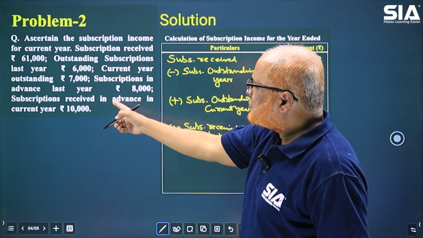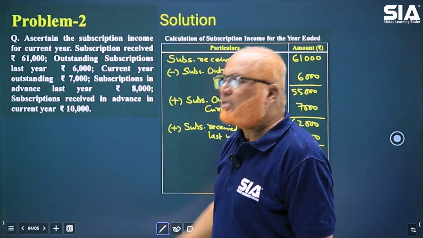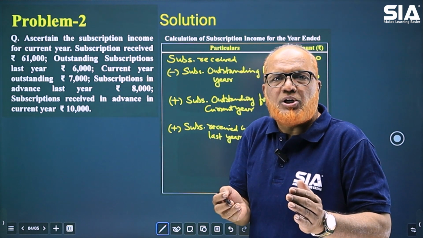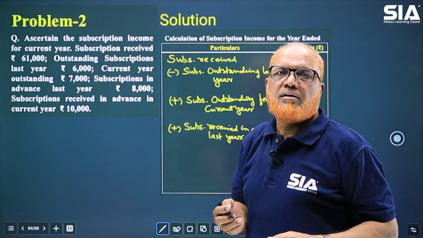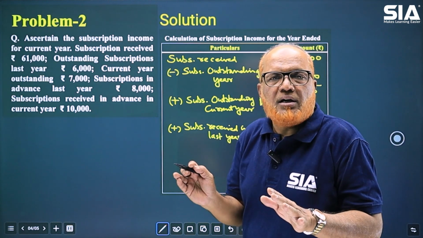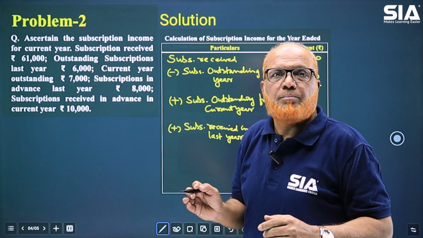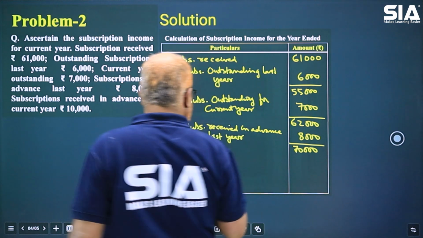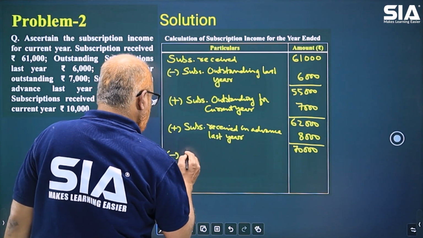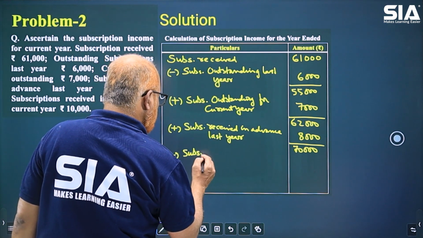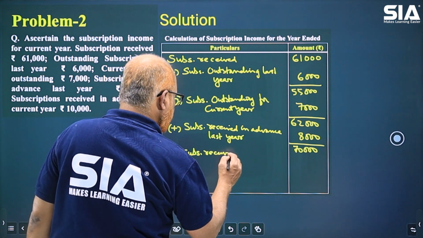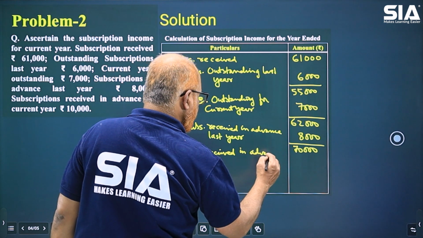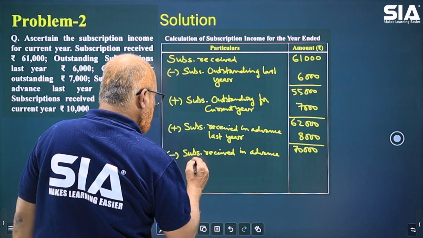Now subscription received in advance during the current year. During the current year we have received subscription in advance for the next year. That means it is not current year's income. It is next year's income. We have received it in advance, so we have to subtract. Minus subscriptions received in advance during the current year.